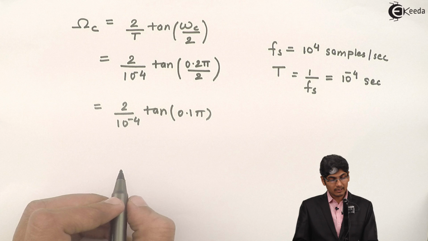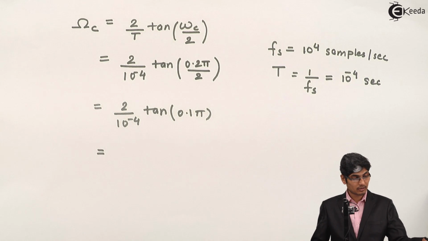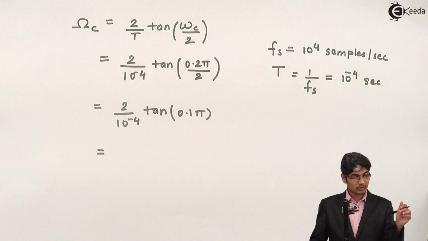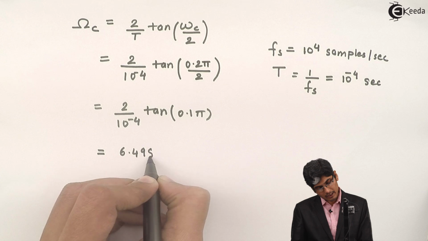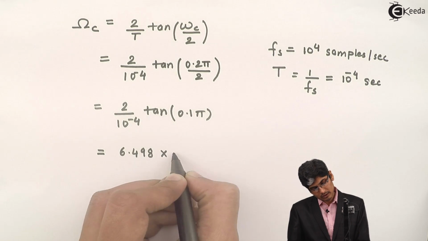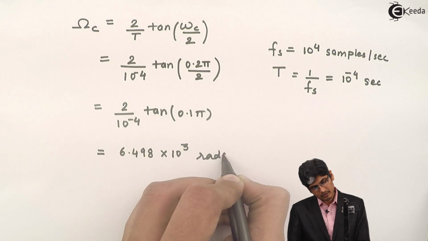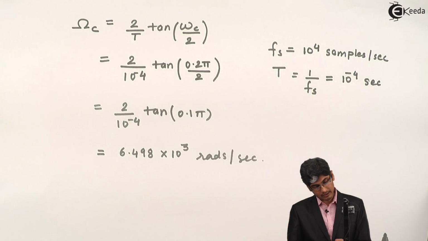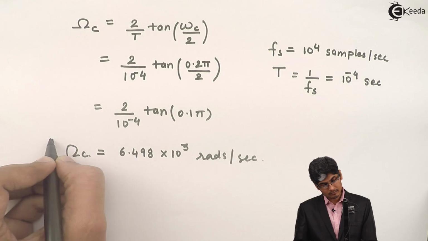And the final answer of omega c as per the calculation is 6.498 into 10 raised to 3 radians per second. This is my omega c.